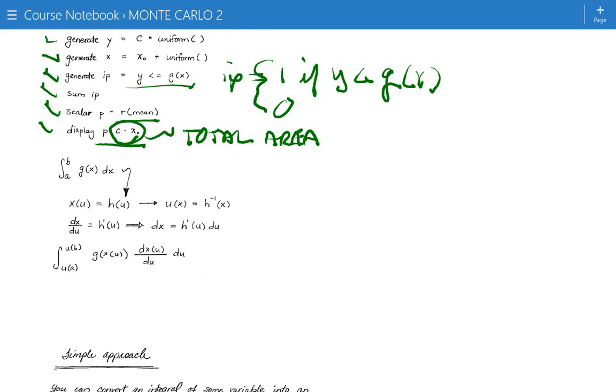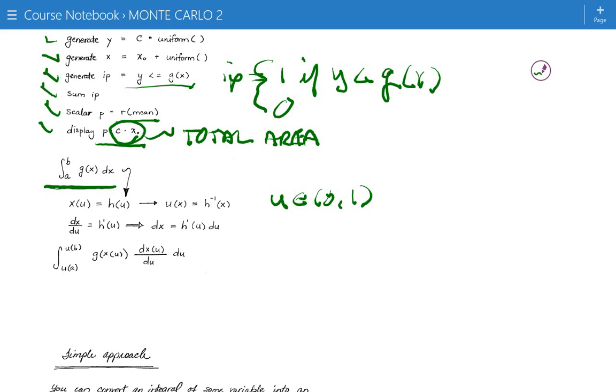Another thing to notice, which we will move into right now, is that I'm trying to integrate from some points a to b. In this case, it was from 0 to x naught. Some function g of x dx. And I might be able to express x as a function of a uniform variable, which is to say, we let u be a variable that is on the unit interval.